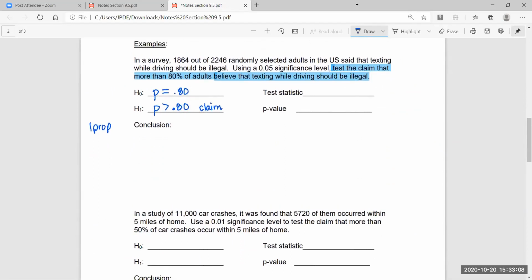Okay. And I don't necessarily have this formula memorized, but I do have it written down. So I know z equals our sample proportion minus population proportion over the square root of P times Q over N. And that's going to give us our test statistic.